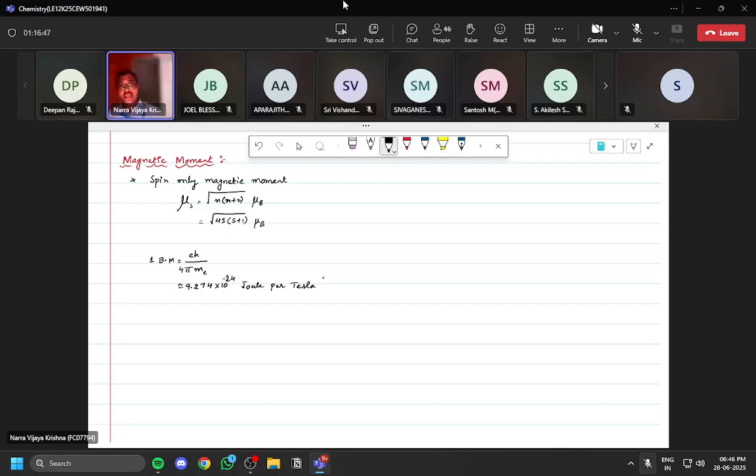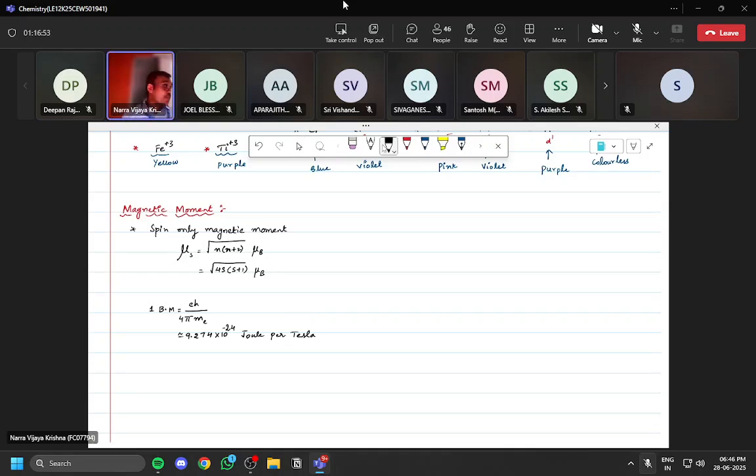Right? This is the spin only magnetic moment.